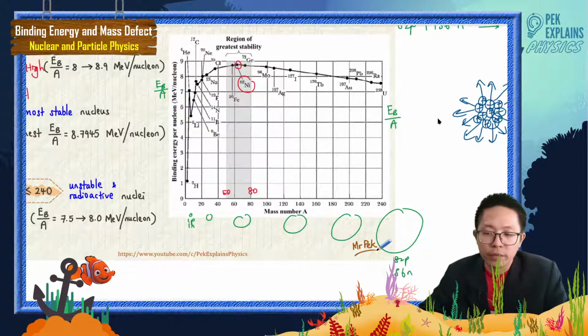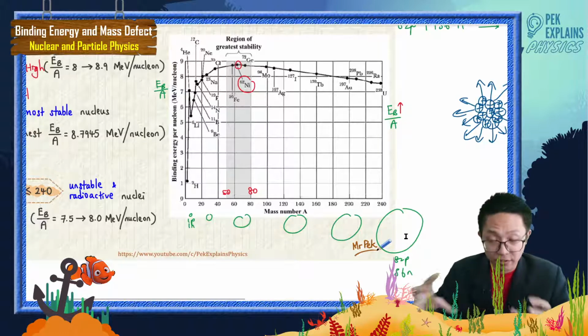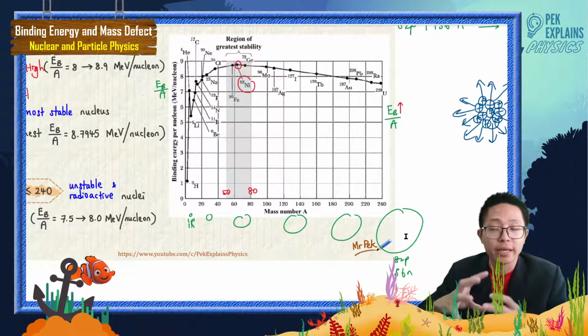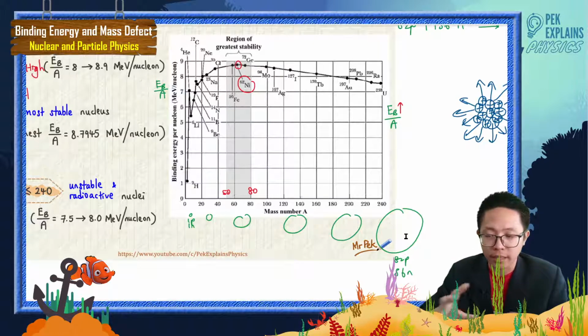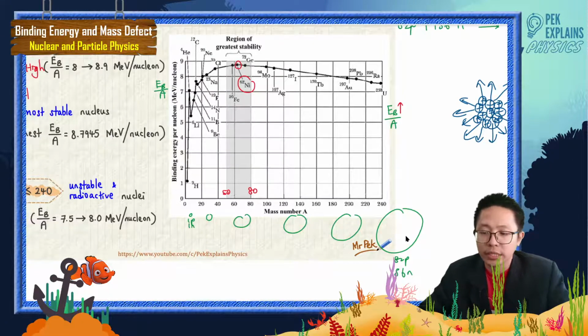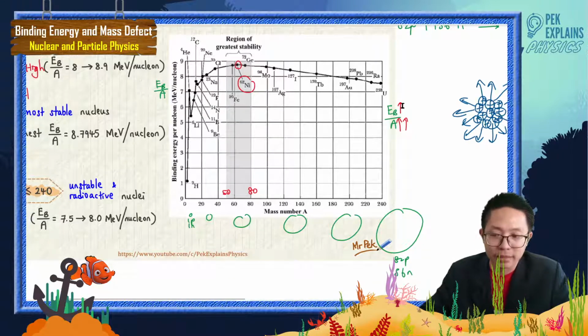although we know the binding energy also increases, the bigger the nucleus, the more the mass defect, the higher the binding energy. However, the nucleon number also increases, but even at a faster rate. The binding energy increases, but the nucleon number increases even faster.